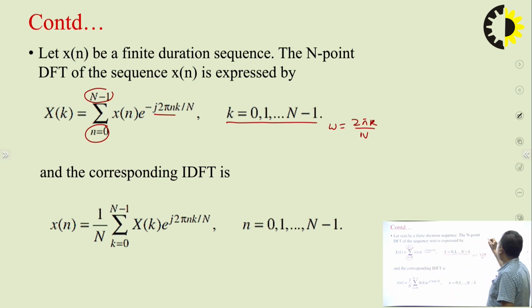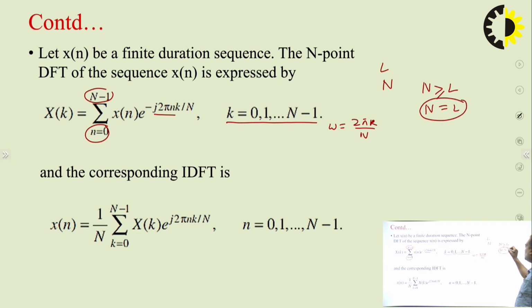Let us suppose the length of the sequence is L, and the number of points of the DFT is N. If we want to reconstruct the signal completely, then N should be greater than or equal to L. For analytical ease, we generally choose N equal to L, so the number of points for the DFT is the same as the length of the sequence.